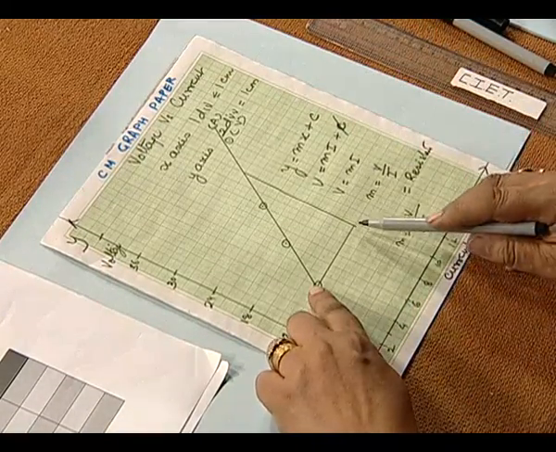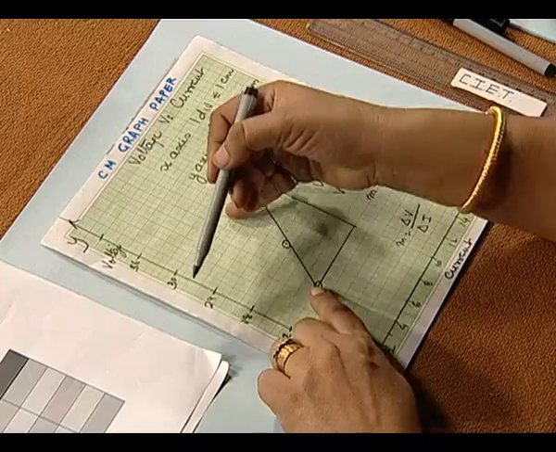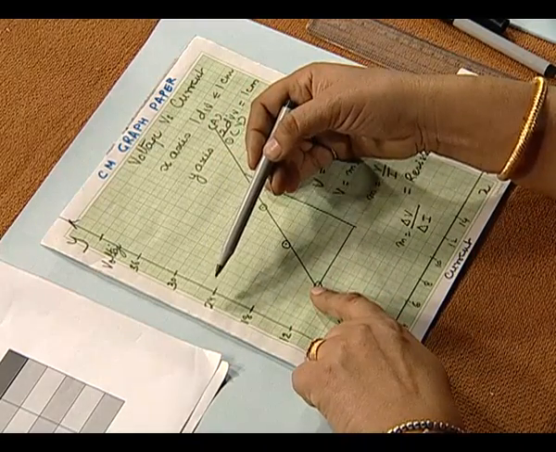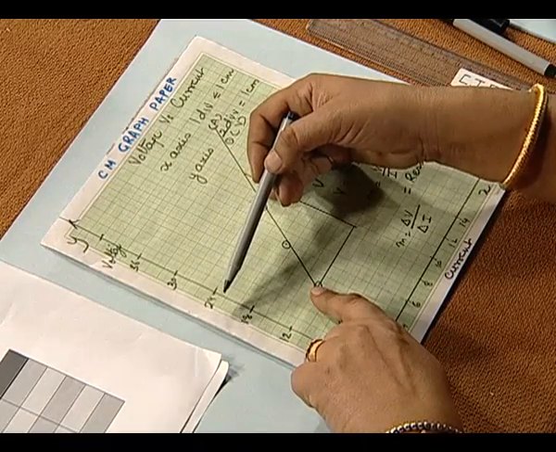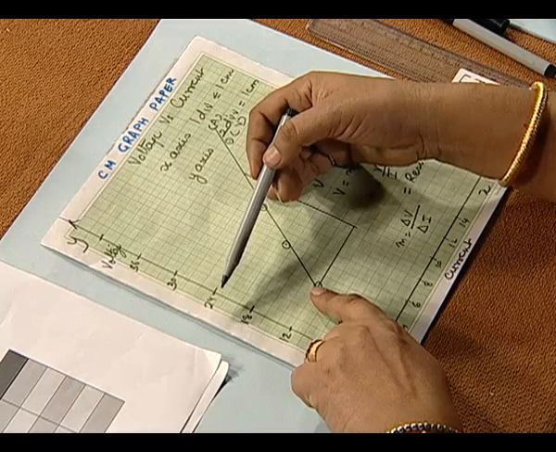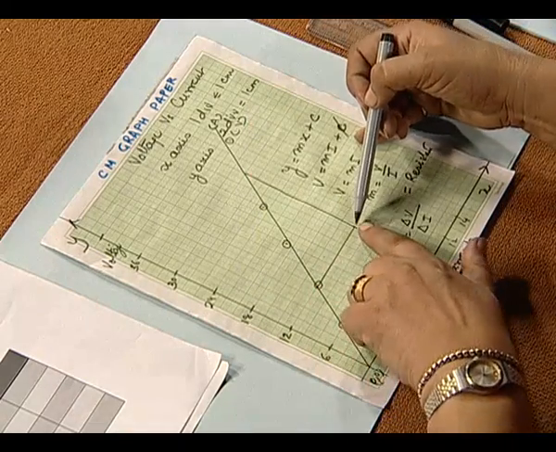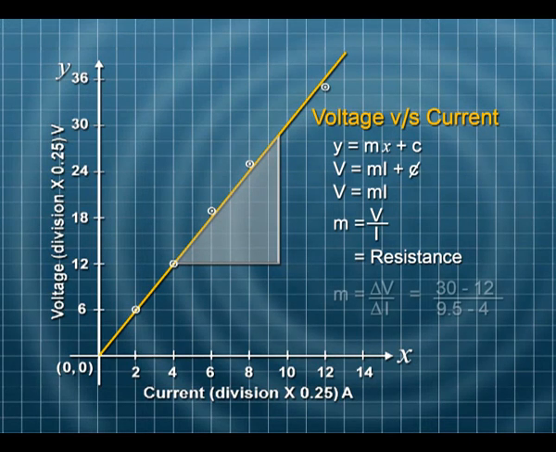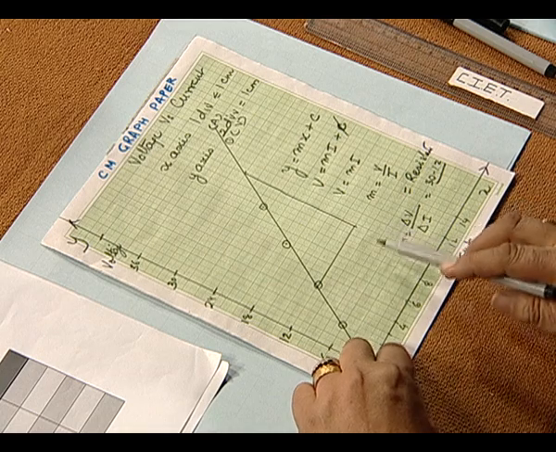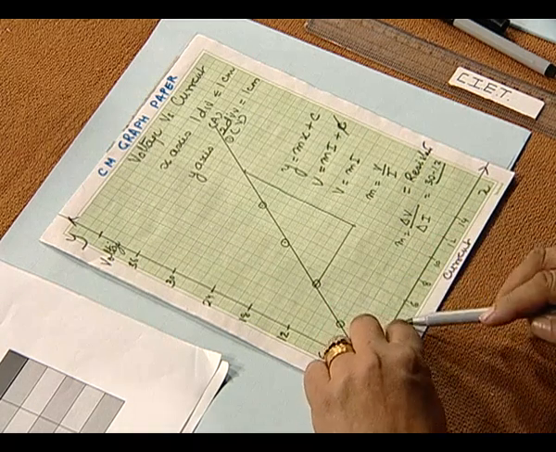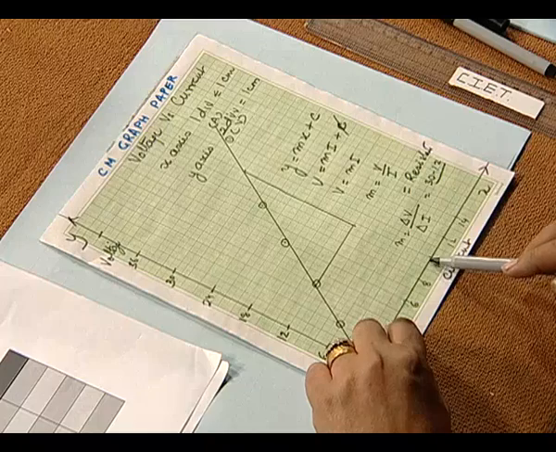If you were to read this value of variation, you should keep the scale in mind and what it is representing, which was not the case in a graph for math. And therefore, when you take this reading, it will be 30 minus 12, which shows the variation on the y axis, and for the other side it is 4 and this is some 9.5.